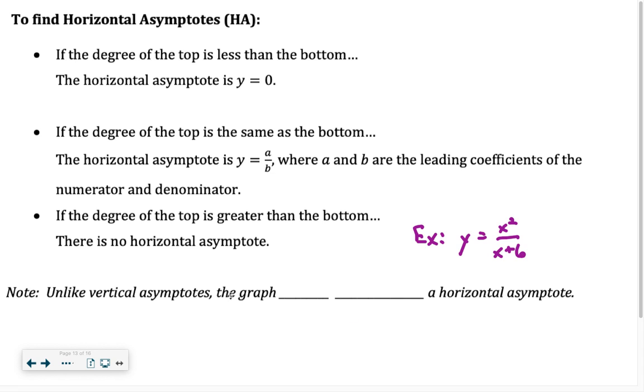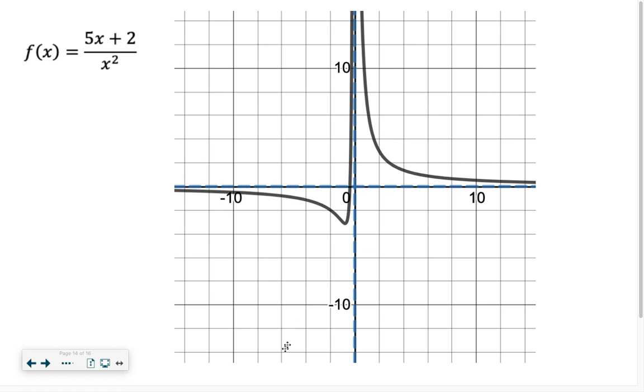Now, we already mentioned this, but unlike vertical asymptotes, the graph can cross a horizontal asymptote. And we'll look at graphing these in the next section, but just remember that. An example of a picture of something like that would be this.